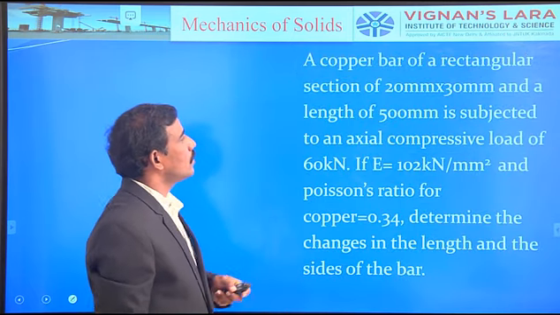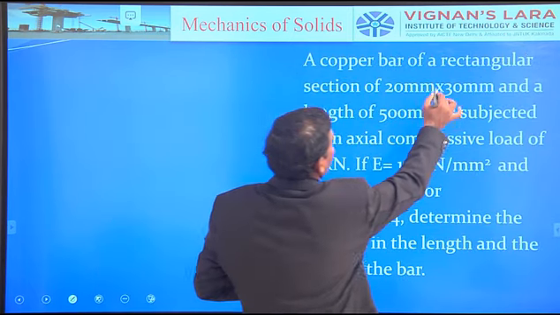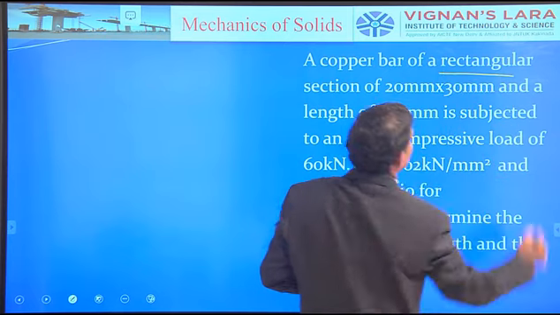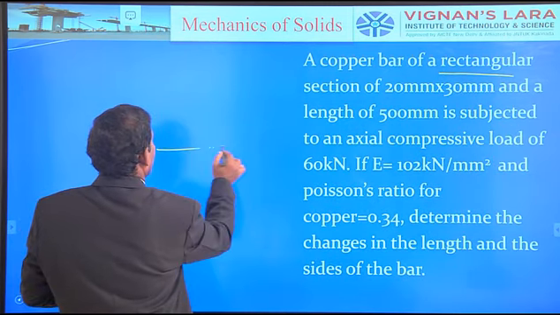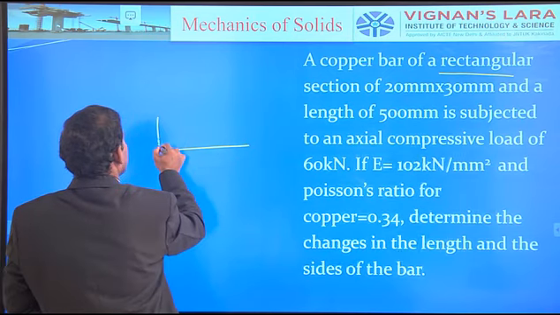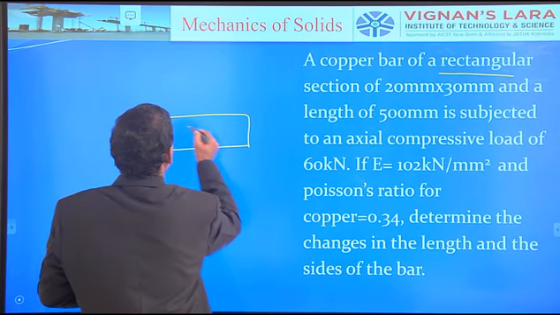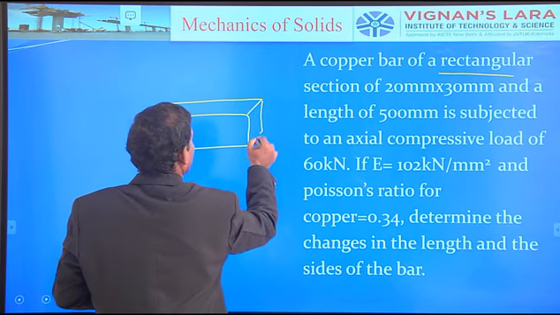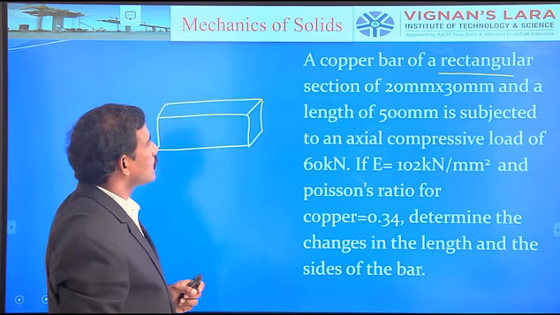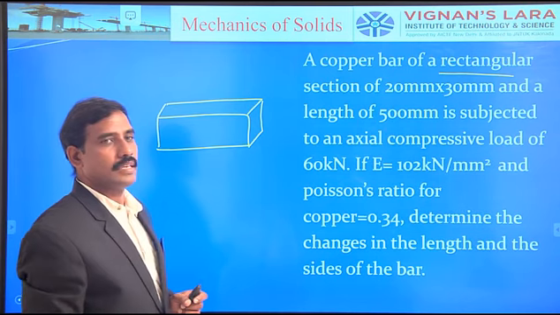A copper bar of rectangular section. Keep in mind, this is a rectangular section of dimensions as shown in the figure. Say, the section is 20 by 30 mm.